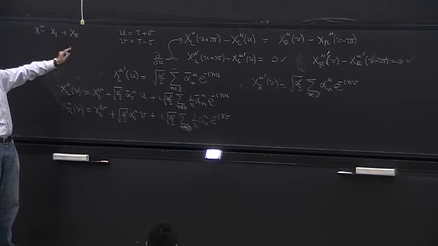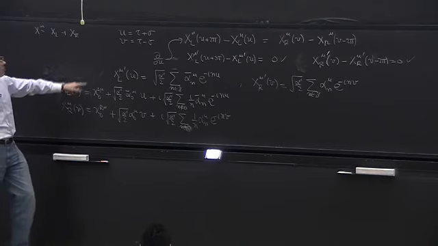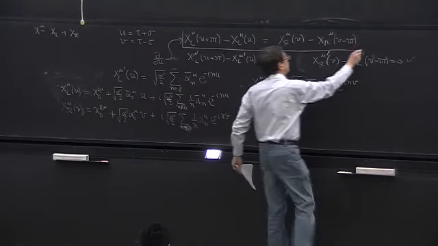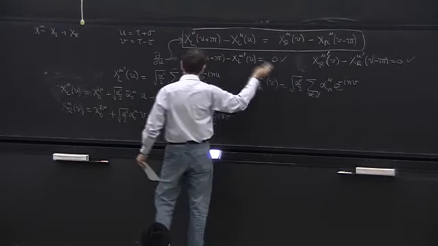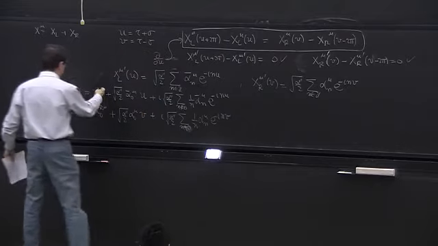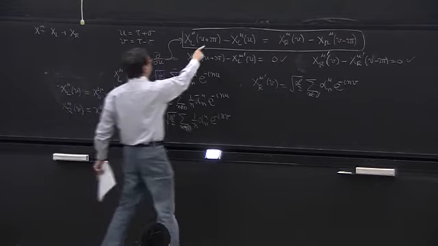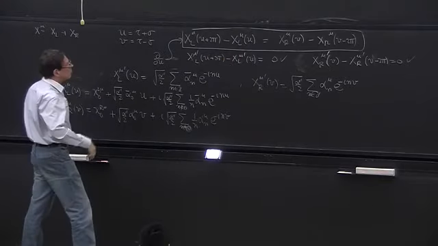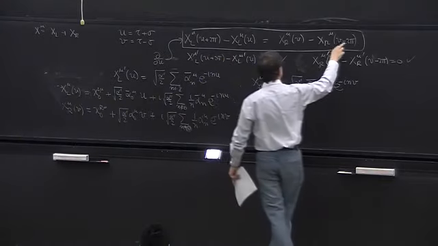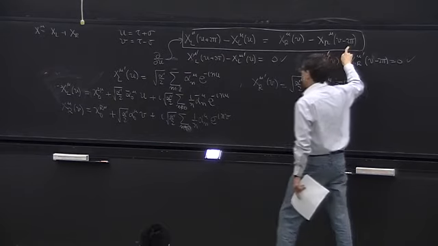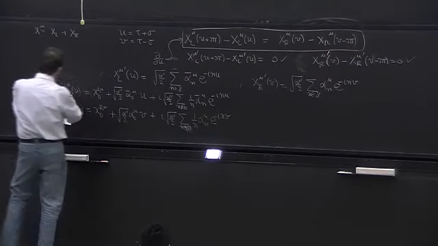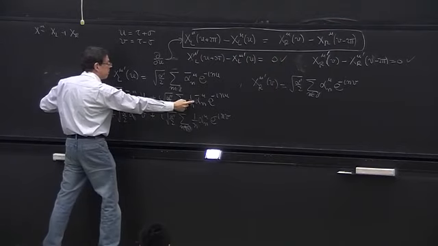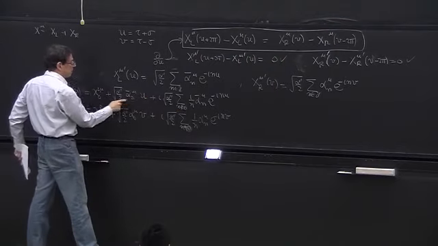Why? Because it's time to go back to our constraint. We took the derivative, and we got an equation, but then we integrated. So we go back, and we see, oh, the failure of periodicity of XL must equal the failure of periodicity of XR. Now, what is the failure of periodicity of XL? This is certainly periodic. And this is certainly periodic. This is not periodic.